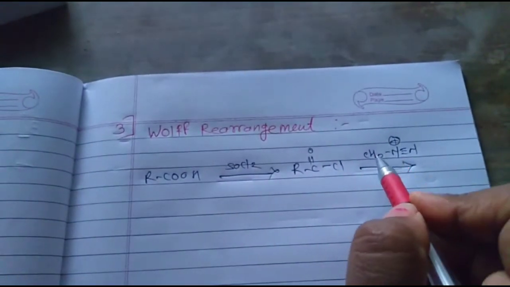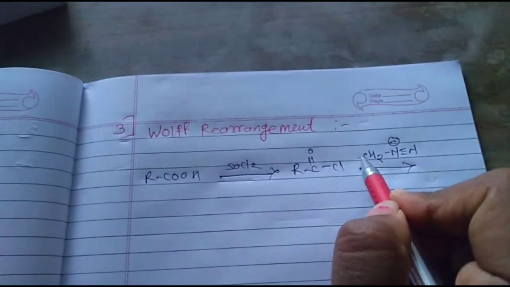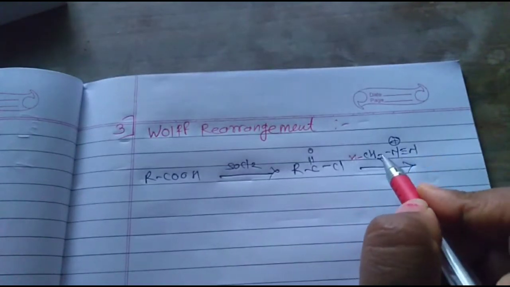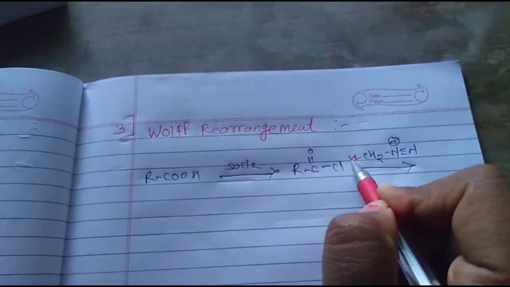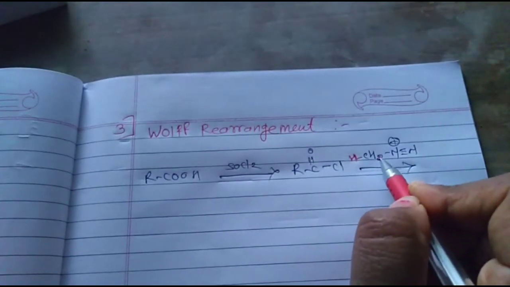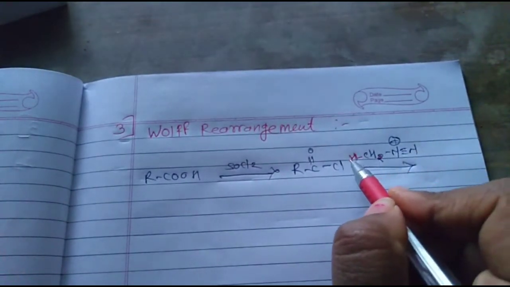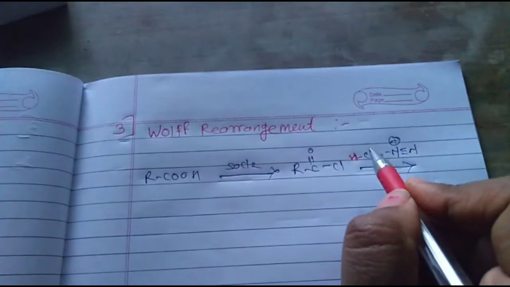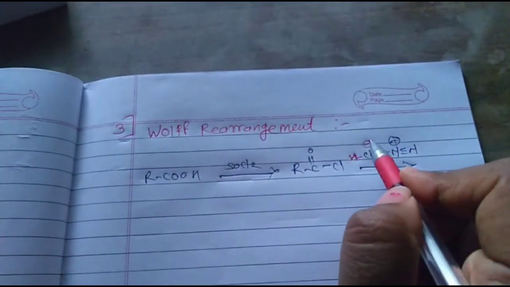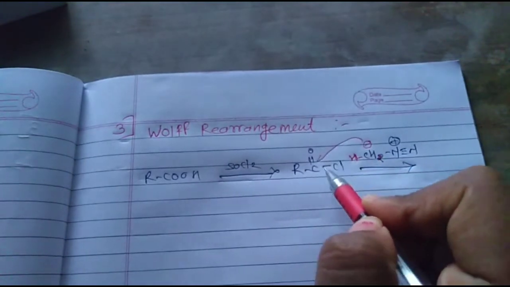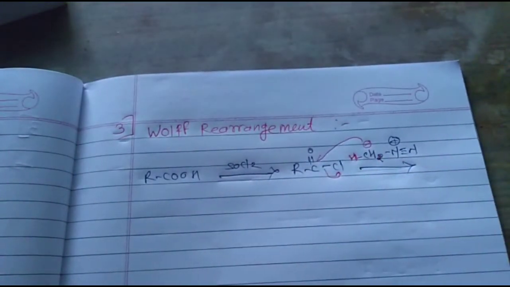This bond is going to break in this manner, so one hydrogen is written like this, that means HCH. By breaking this bond, this CH2 becomes negatively charged, and then this CH2 attacks the carbonyl by removing this Cl.